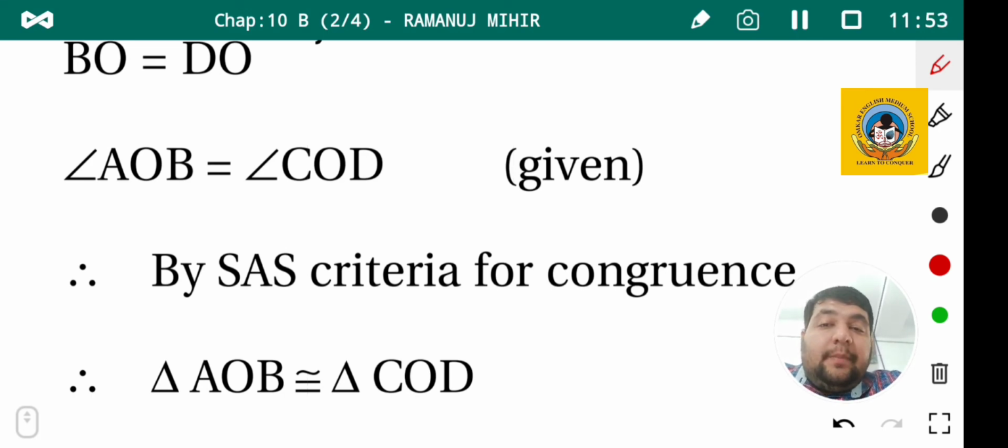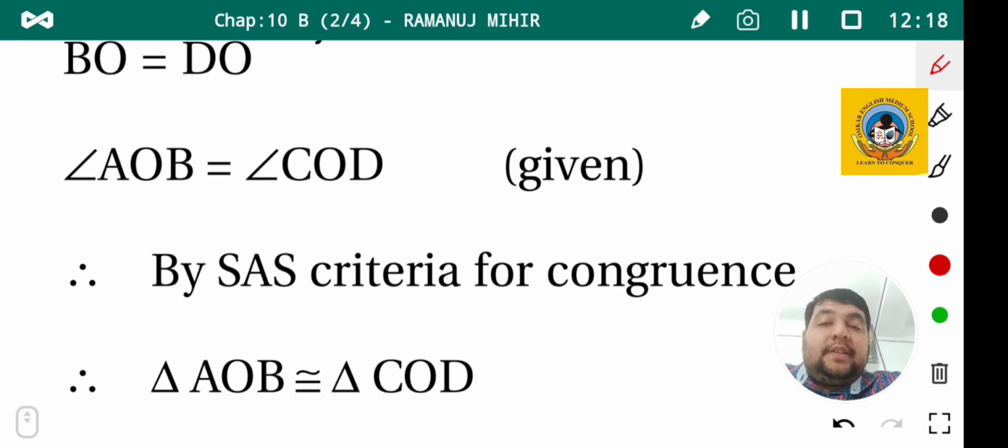But you should keep in mind in both triangles, two sides must be equal and one angle should be equal. Then you will see that the other two angles and the other side will automatically become equal. So that's why it is known as SAS criteria for congruence.